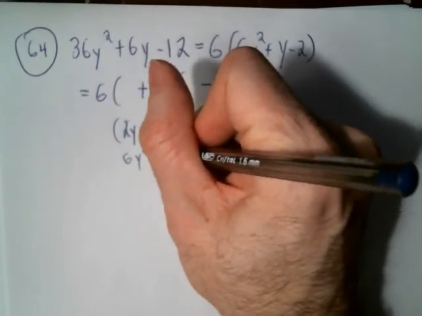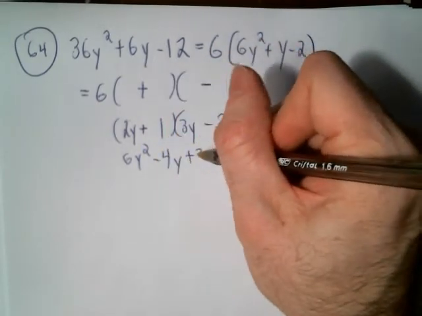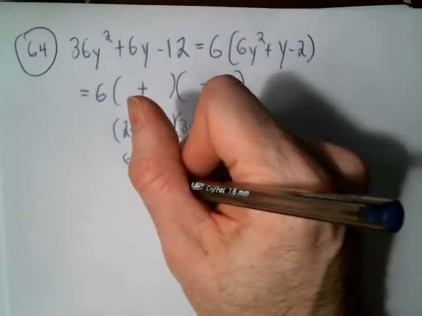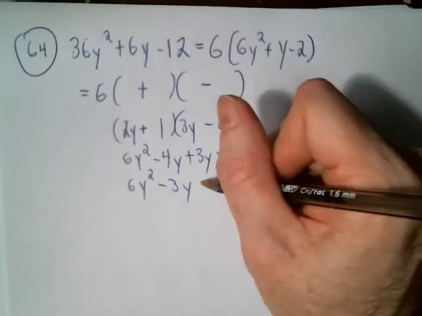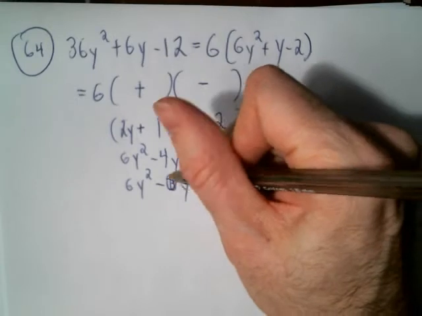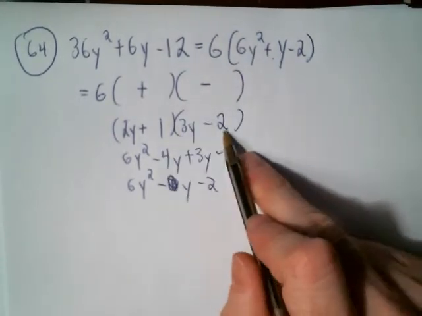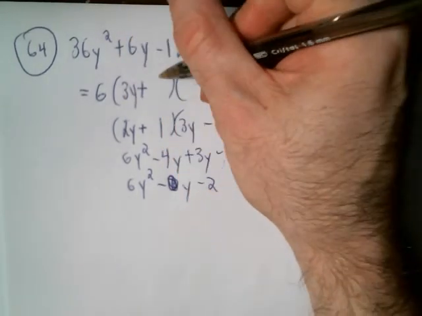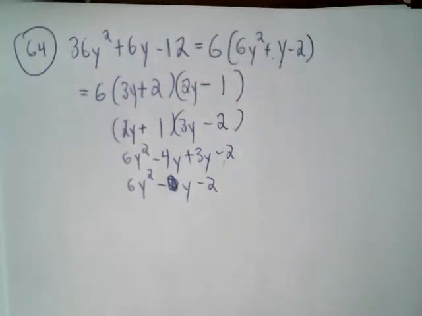So we get 6y squared, the outer minus 4y, the inner plus 3y, and then the last minus 2. This will be 6y squared minus 3y minus 2. Minus 1y minus 2. So we want the plus, so all we need to do is reverse the signs, I believe. So we'll have 3y plus 2 now, and then 2y minus 1.